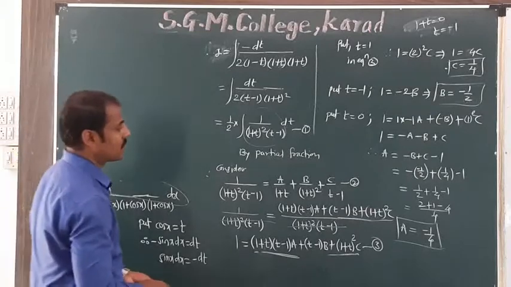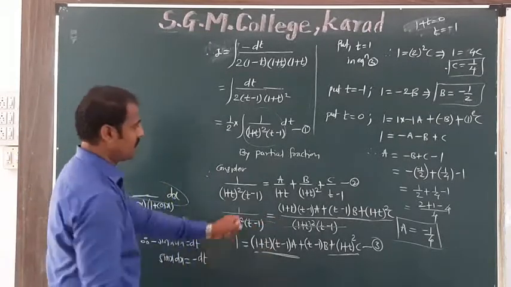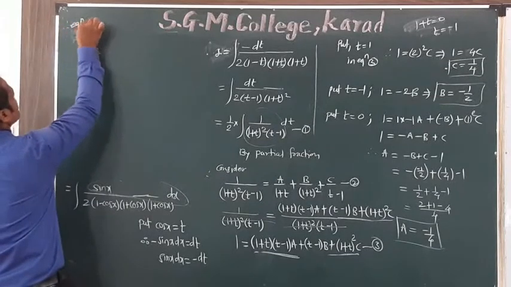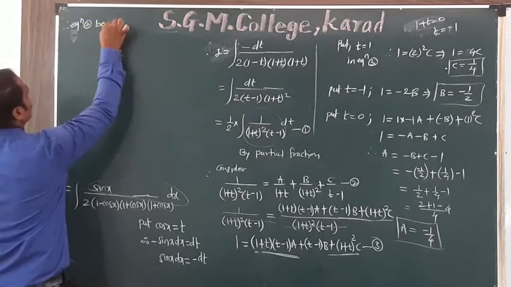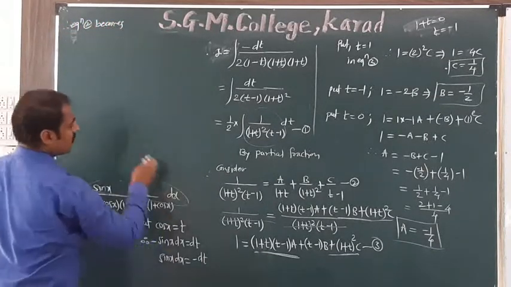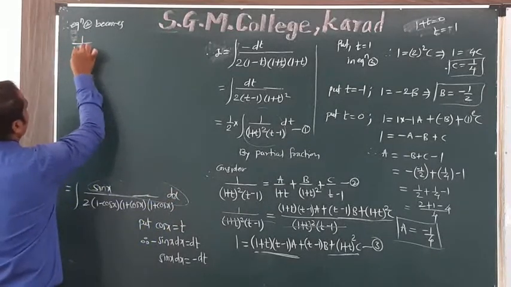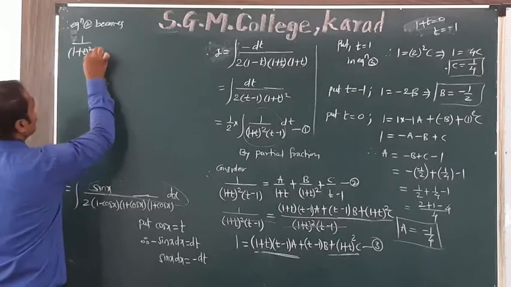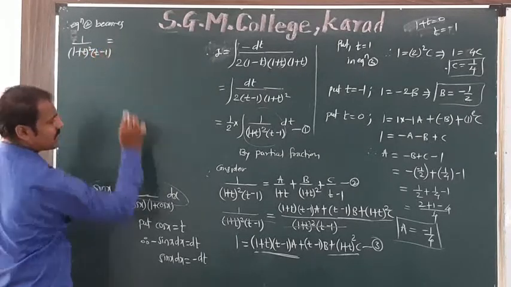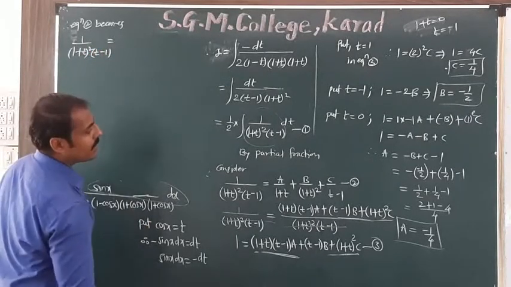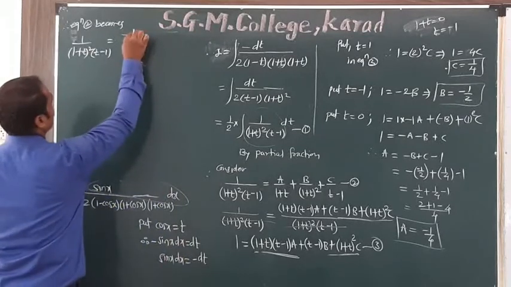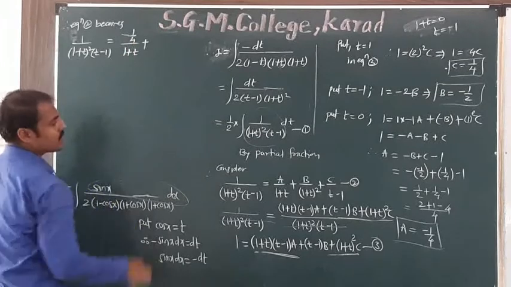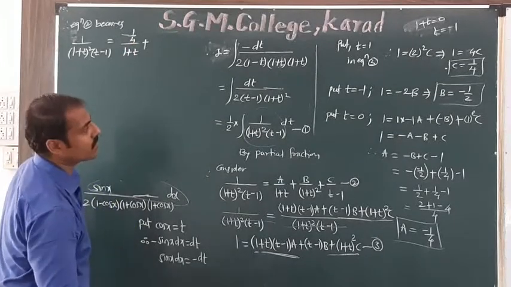Therefore, equation second becomes, what happened with equation second? 1 upon 1 plus t bracket square into t minus 1, which is equal to a divided by, a is minus 1 upon 4 divided by 1 plus t, plus b divided by, b is what here?